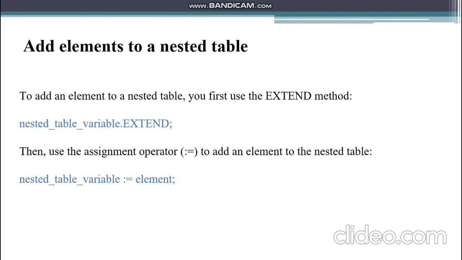So how can we add elements to our nested table? To add an element in our nested table, we can use two methods. First one is one by one, and the second one is in series, in serial.